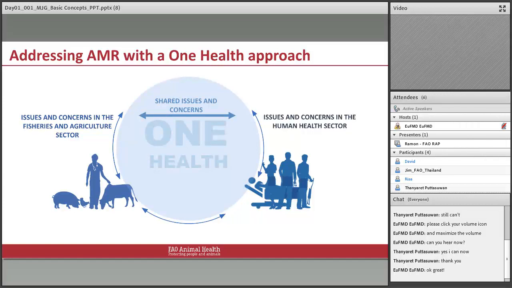But don't forget that as veterinarians, you also have the responsibility to feed the hungry, to maintain health in animals, to make sure that their welfare is maintained, and to make sure that the public is also protected from diseases coming from animals.